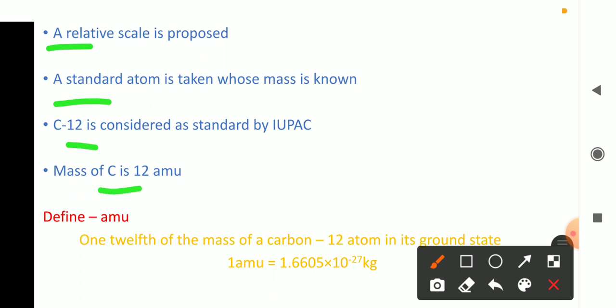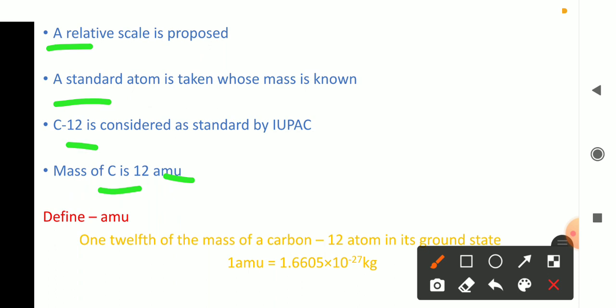Dear students, what I have told you is that atoms are very small, so their mass cannot be measured directly. So we need a relative scale, which means a reference atom is required, and the reference atom is carbon 12, which is proposed by IUPAC, and the mass of the carbon atom is 12 AMU. This unit is new to you.